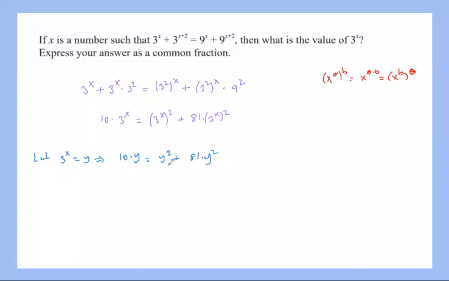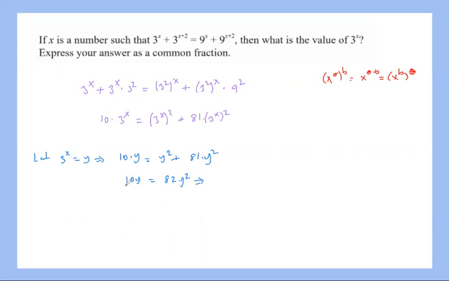If you combine the right side, you do get 82y squared, and the left side will be 10y. We know 3 to some power is always positive, so y is a positive number. Which is why I may divide both sides by y if I want to, which would be okay, but I'm not going to do it for now. I'm just going to find all the solutions.